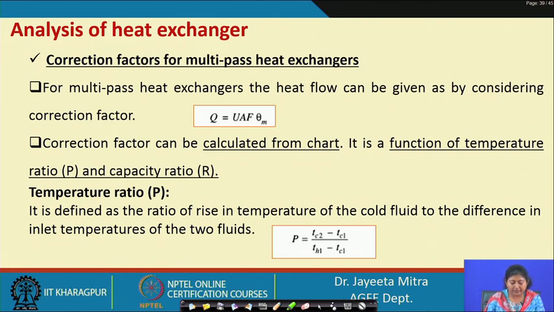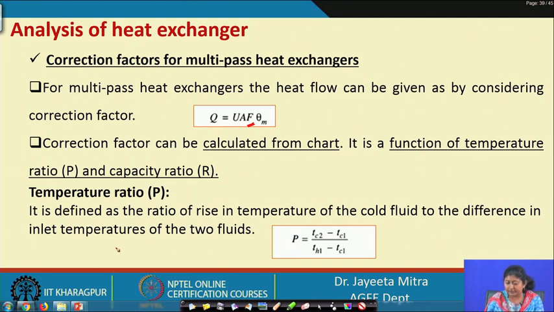So, there multi-pass is being done, and we often introduce a correction factor that is called F. Correction factor can be calculated from a chart. It is a function of temperature ratio P and capacity ratio R.